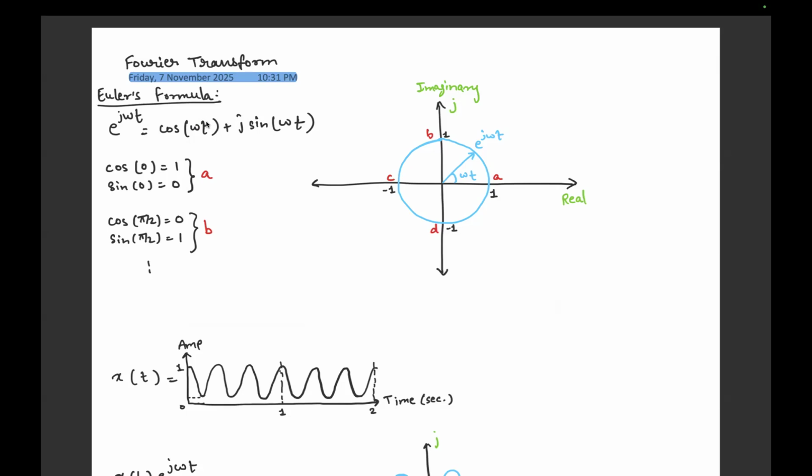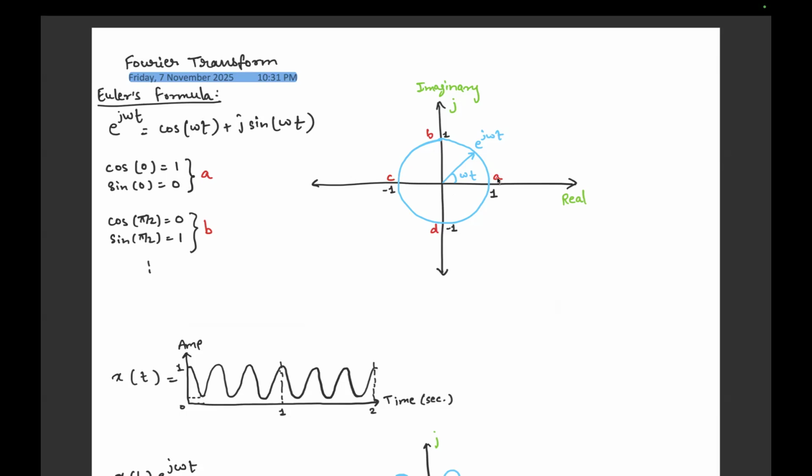So omega is representing the frequency and t is representing the time. When omega t is 0, we know that cos 0 is 1 and sine 0 is 0. As we saw, cos is the real axis, so cos 0 is 1, so we come to 1, and sine 0 is 0, so on the y-axis we are at 0.